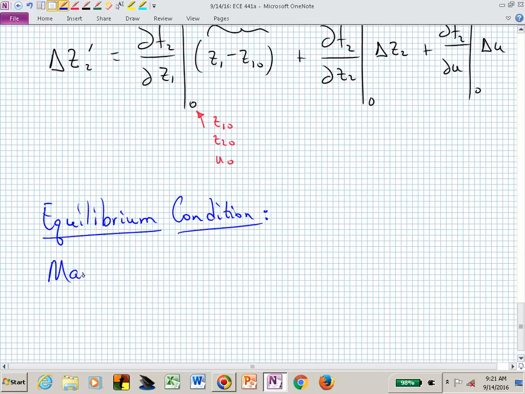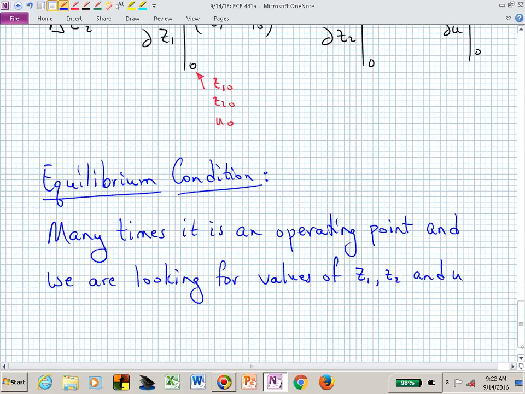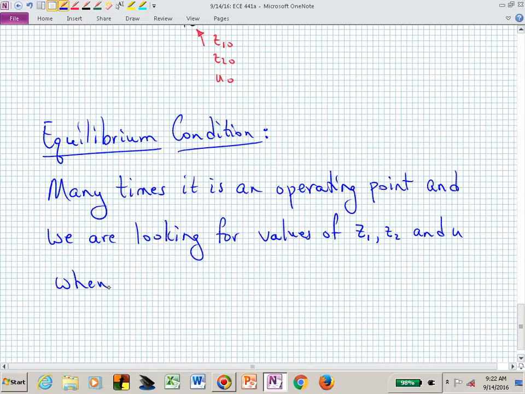Let me just try to write this out. Many times it is an operating point, and we are looking for values of Z1, Z2, and U when Z1 prime is at equilibrium.